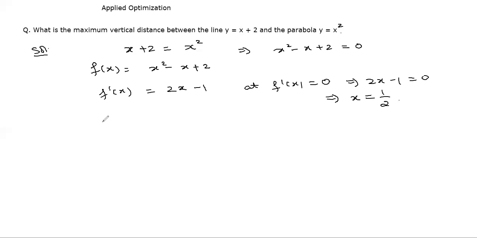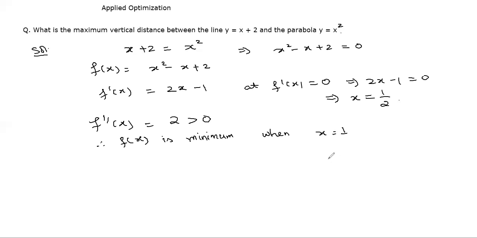Now finding the second derivative: the derivative of 2x minus 1 is 2, which is greater than 0. So the function, which is the vertical distance between these two curves, is minimum when x is half.